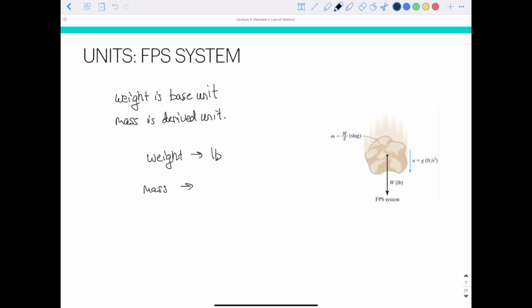It would just be equal to our weight divided by the acceleration due to gravity in corresponding units, where g is equal to 32.2 feet per second squared. And so our mass then becomes our weight in pounds over feet per second squared, which we call a slug.